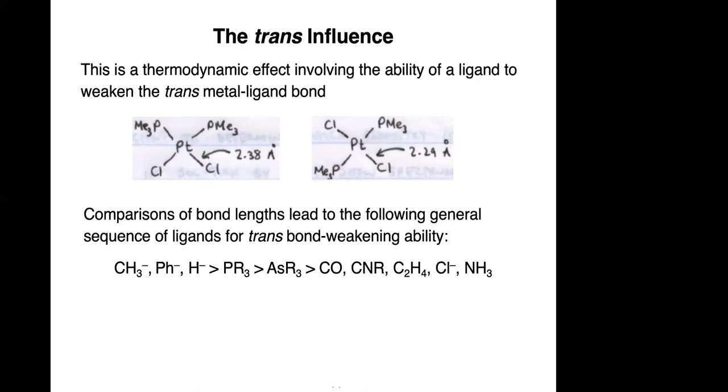And so ligands like carbonyl and ethylene, which are very good at trans labilizing, are actually poorer in terms of trans bond weakening in this series. So in this series, the ligands at the left are leading to weak opposing bonds, and the ligands on the right have shorter distances and presumably stronger bonds.